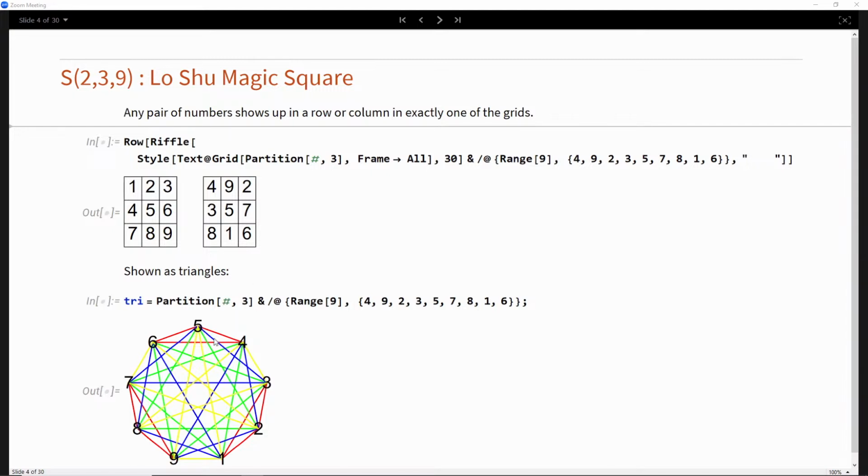And an equivalent way of showing it is with these 12 triangles. There are 3 red triangles, 3 blue triangles, 3 green triangles, and 3 yellow triangles. And these two are basically equivalent to each other.